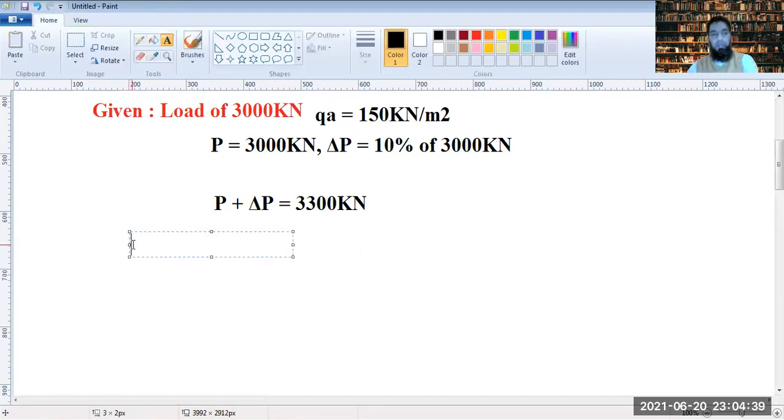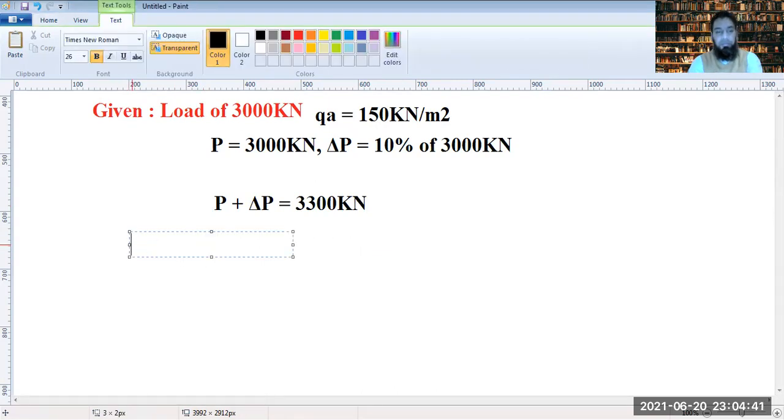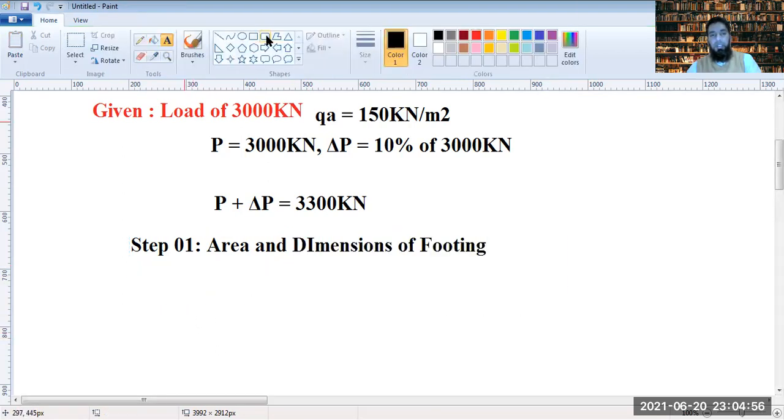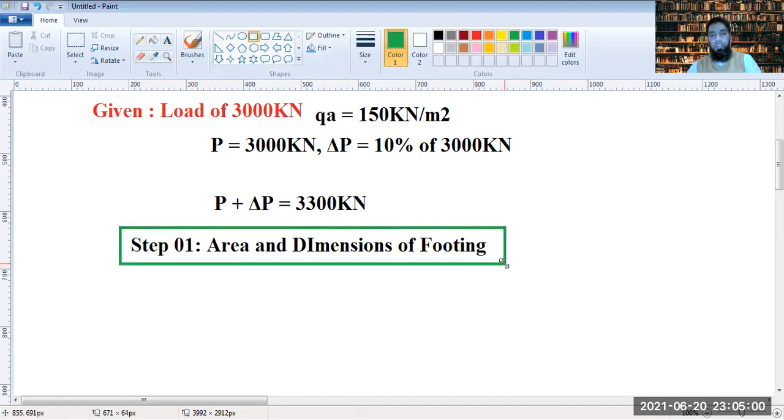Now, what would be the area? That's step number one: determining area and dimensions of footing. So let's fix the area first. We can get the area of the footing in the initial phase.